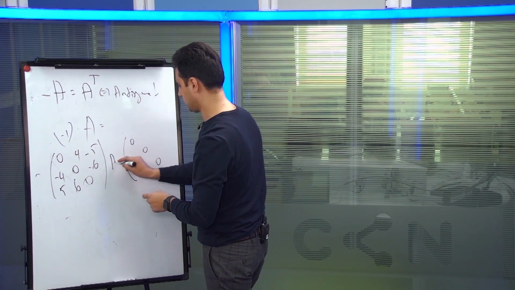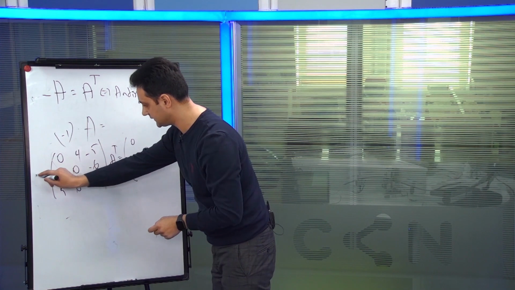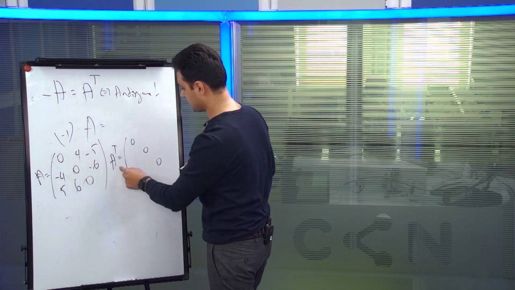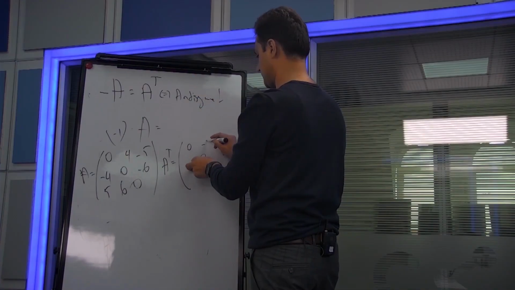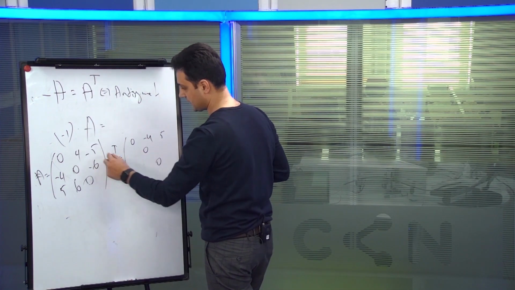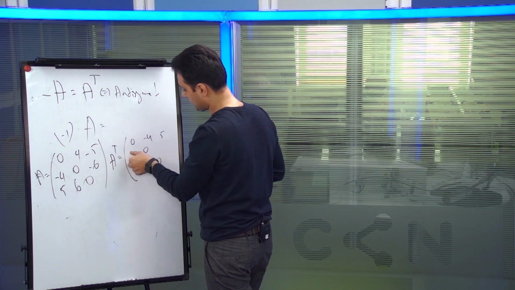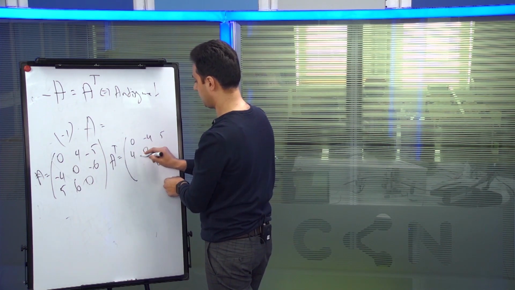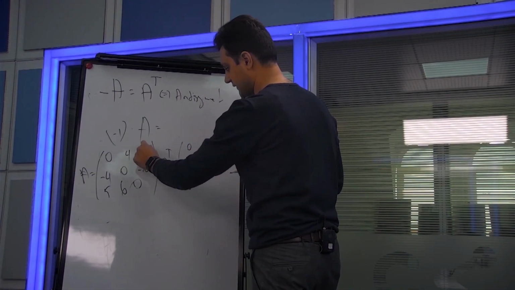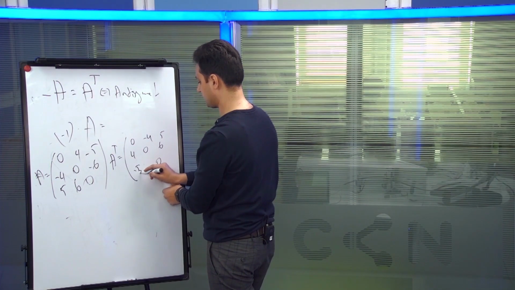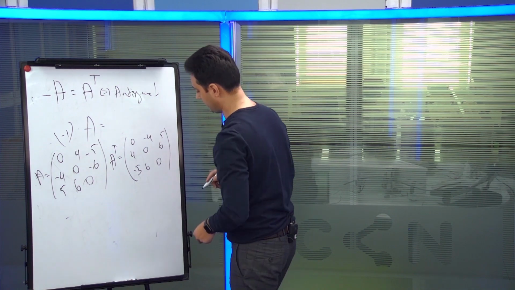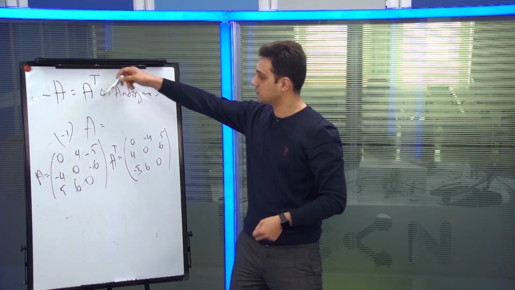If you find, for example, the transpose of this matrix, again you keep the diagonal elements. Let's say A transpose is equal to, and this is A, yes, A transpose is equal to: the first row elements will be 0, -4, 5. Again the second row elements, 4, 0, 6. This one again the row elements, -5, 6, 0. So we need to get this equality.